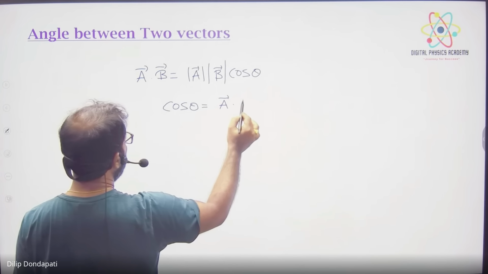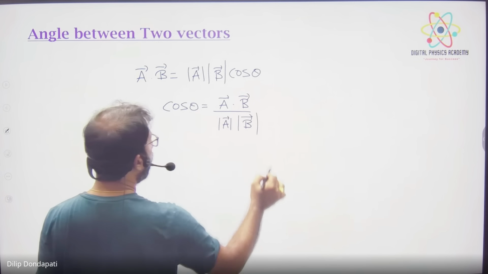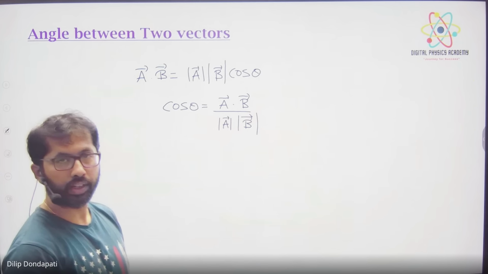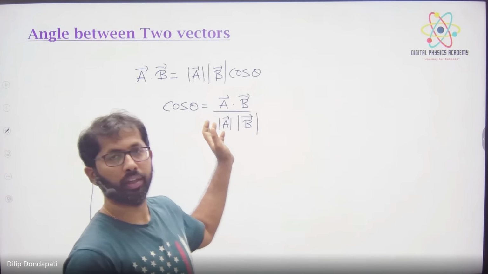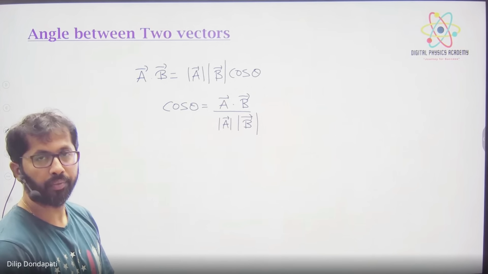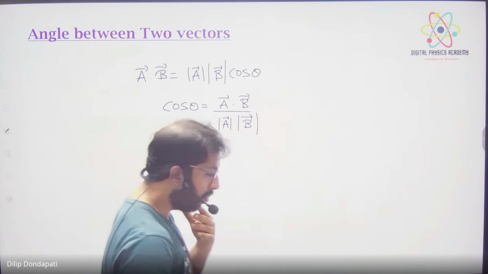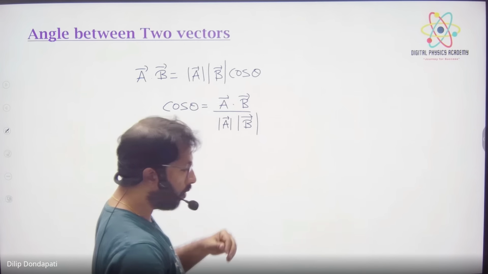A dot B by mod A mod B. Done. So whenever they tell you to find the angle between two vectors, simply we have to find cos theta. From that we can find theta equals cos inverse, and the answer will be there. The angle between two vectors is A dot B by mod A mod B, which is coming from the formula only.